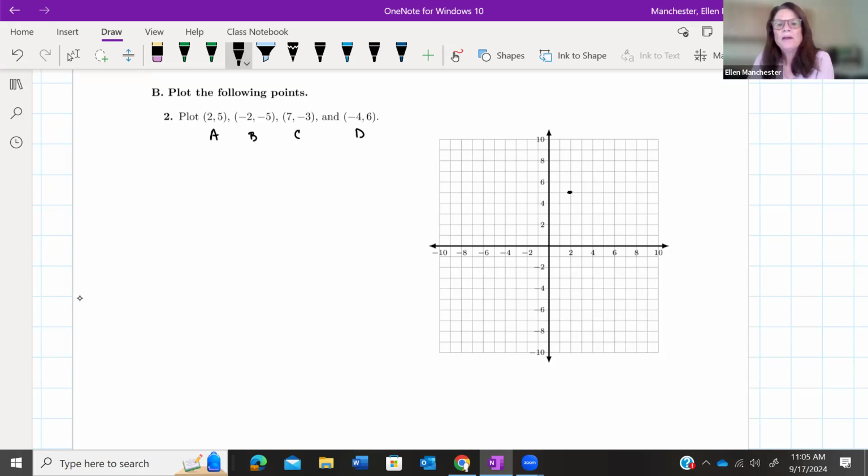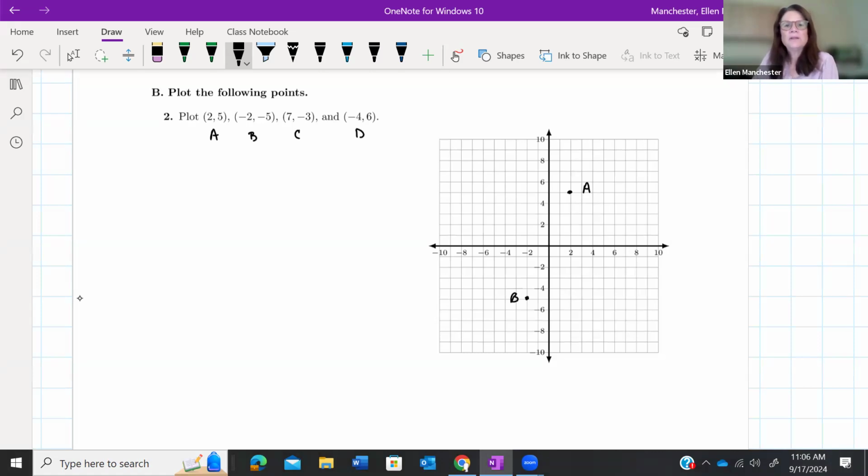So what I like about this section is it kind of takes you away from the algebra part. It kind of gives you a little bit of a reprieve as far as working the algebra. So A was in the first quadrant, positive, positive. B is going to be in which quadrant? In 3, good. So over 2, down 5.